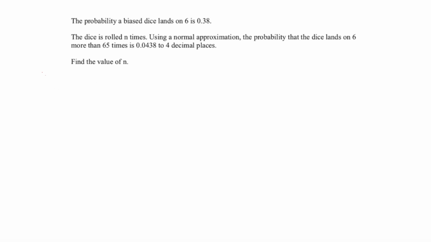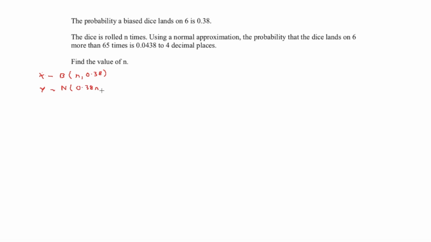So we'll start off by writing what it would be in the binomial distribution. So it's binomially distributed. Now n we do not know, that's why we're having to try and find this value, but we do know the probability of 0.38. Now for the normal, it's going to be fairly similar, but what we're going to have is this is distributed. 0.38 times n is the mean, so it's going to be 0.38n.